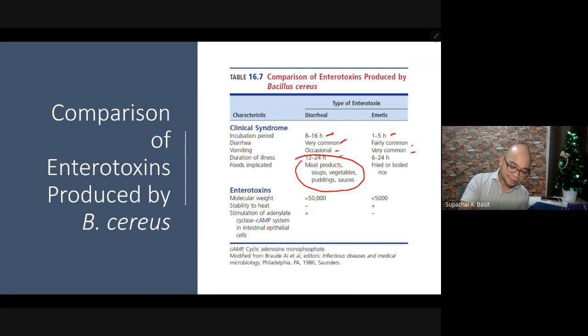Meat products, soup, vegetable puddings, and sauces, sorry. And then dito man sa emetic form, fried or boiled rice. So the enterotoxin here has higher molecular weight in diarrheal form, and it is heat labile. Ito naman, it is heat stable.